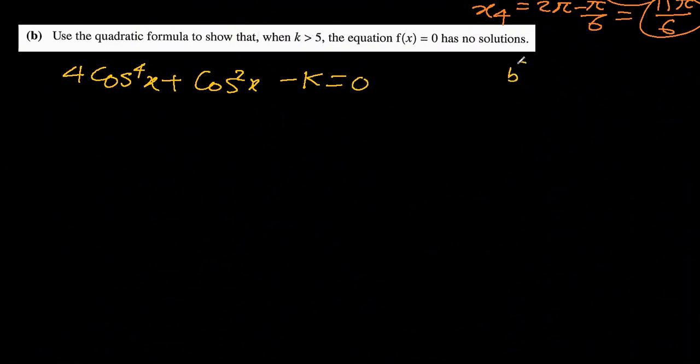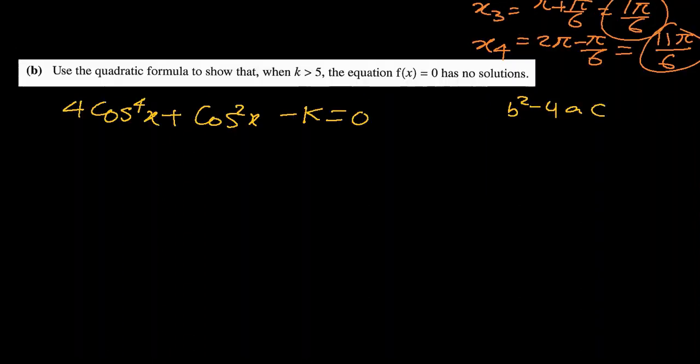So b square minus 4ac has to be less than 0. And look here, b is 1 for us. 1 square minus 4 times, and k, they have given more than 5, but let's write it minus k.